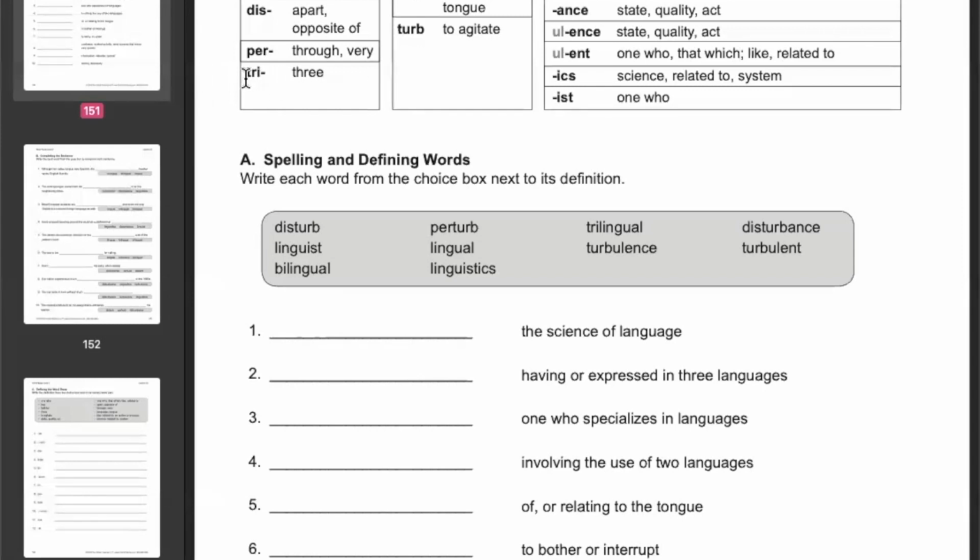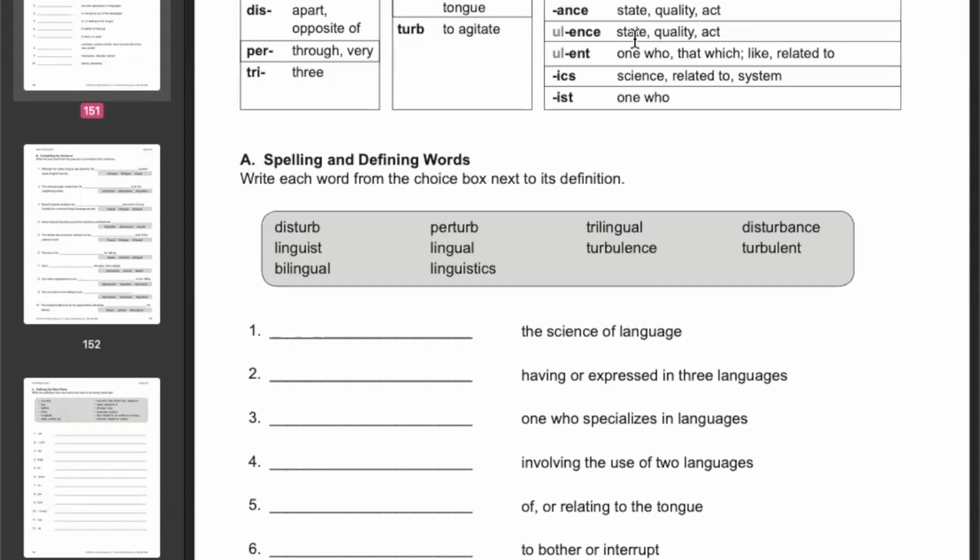And I think I said last time that the number for three, that sound, there's variations of it, but a lot of languages that are in the Indo-European grouping have this sound for the number three, sorry.